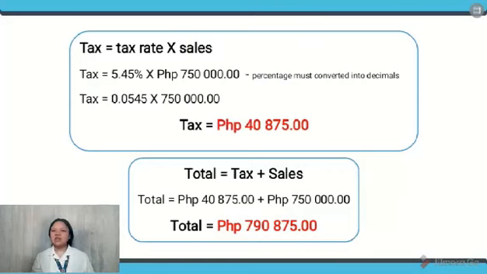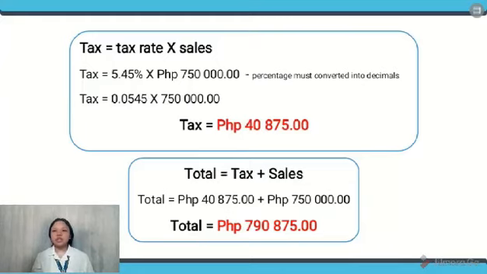To calculate the tax, let us just multiply the tax rate to sales, which is 5.45% times 750,000 pesos, but take note that percentage must be converted into decimals, where 5.45% is equal to 0.0545 times 750,000, which is the sales, and the total tax is 40,875 pesos.